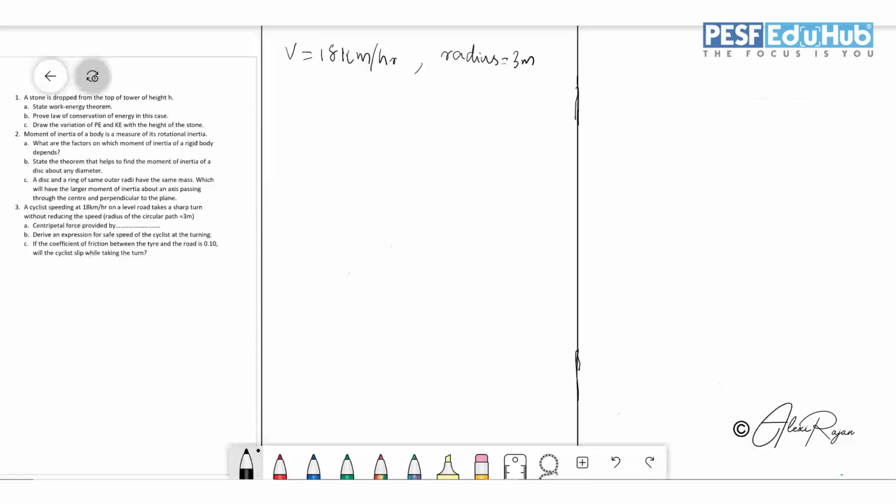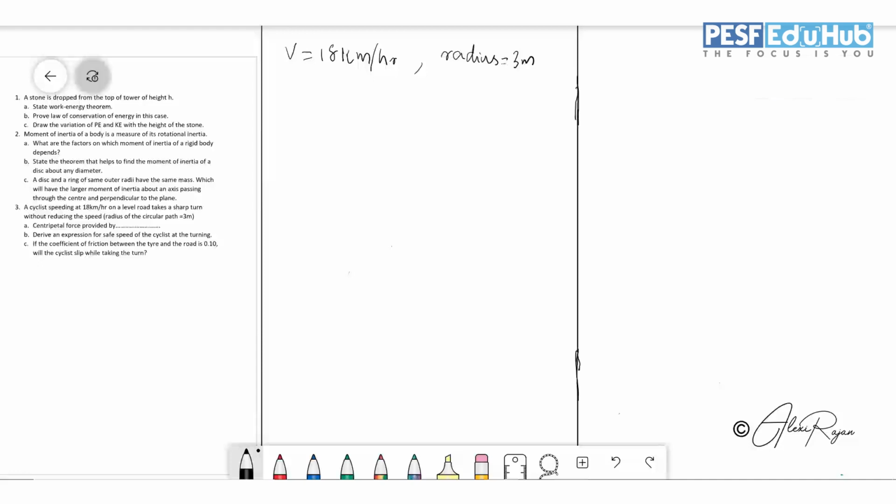First one, centripetal force is provided by dash. Second one, derive an expression for the safe speed of the cyclist at the turning. And the third sub question, if the coefficient of friction between the tire and road is 0.10, will the cyclist slip while taking the turn?